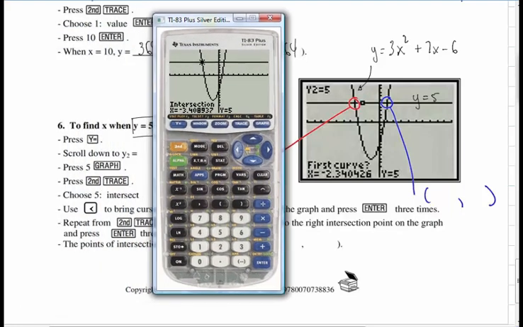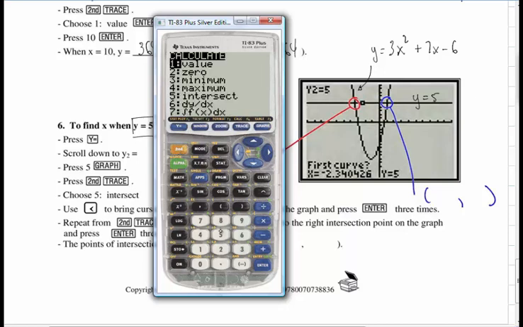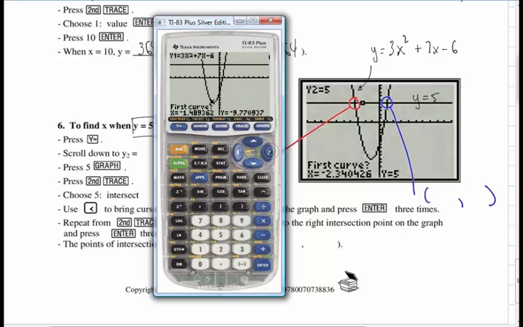Okay, so we're going to get our second intersection point between the two lines. So we first want to go to the menu screen, so second trace, choose 5 again, move the cursor to the right of the vertex this time, and get it somewhere close to your two lines. It doesn't have to be on or at the point of intersection.